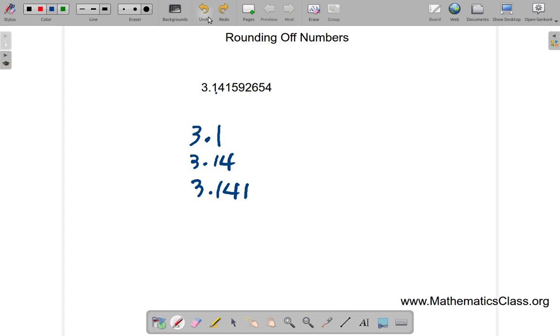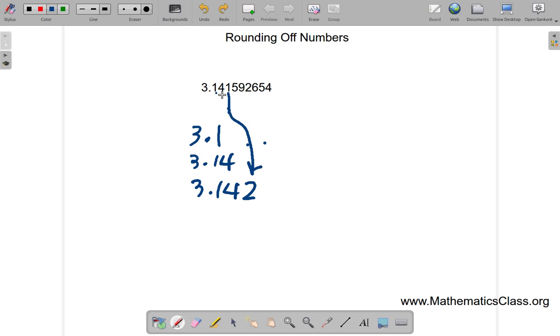No, it would be 2, because there's a rule that says if you're going to stop at a certain number, for example 1, you must look to the right and see the next digit. If that digit to its right is 5 or more, you go back to the digit where you're going to stop and add 1 to it. In this case, it turns to 2.